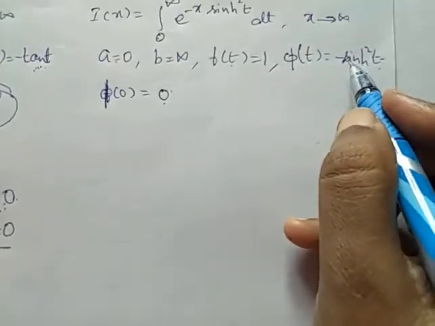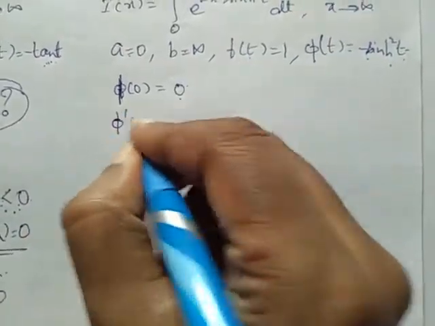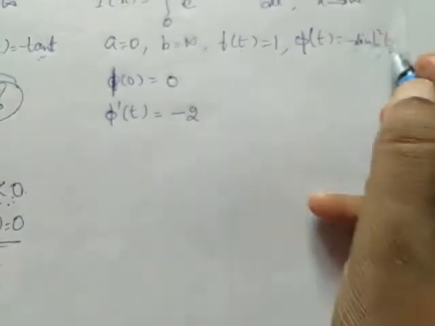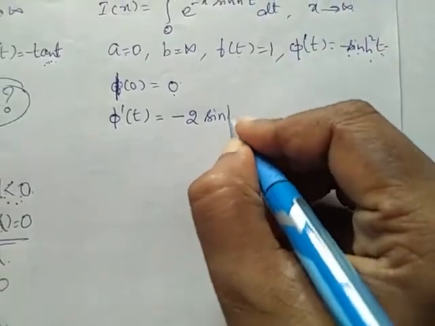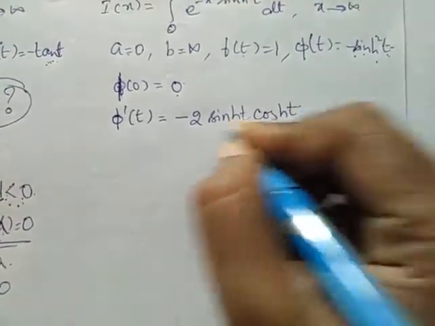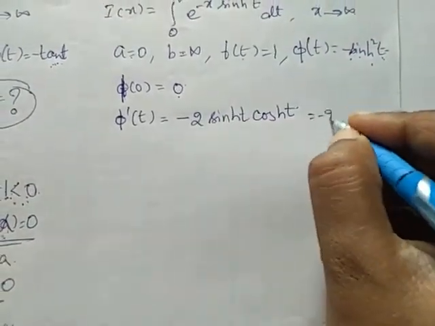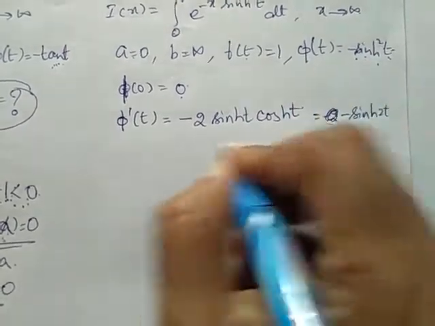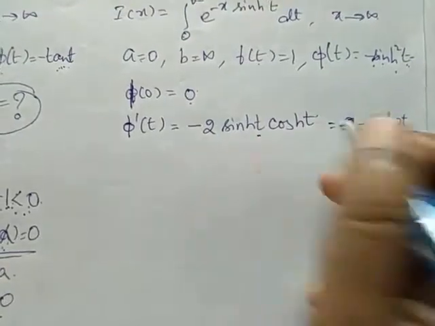Also, what is phi dash of t? Differentiated, phi dash of t is minus 2 into sinh t, whose derivative is cosh t. This we can also write as minus sinh 2t, or we can stop at this stage also, no issues.